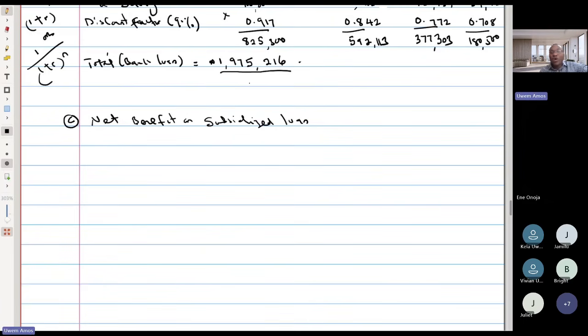Now, when the company gets a subsidized loan, or is able to borrow at a subsidized rate, 2 things are going to happen. One is, because the company is getting finance on a subsidized loan, it will pay reduced interest.